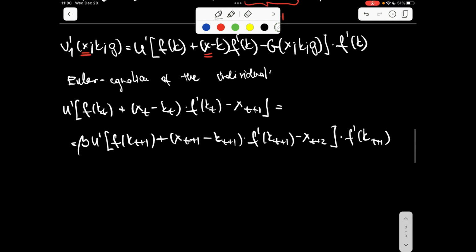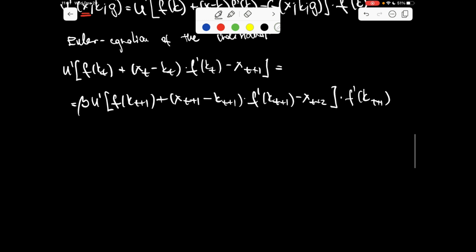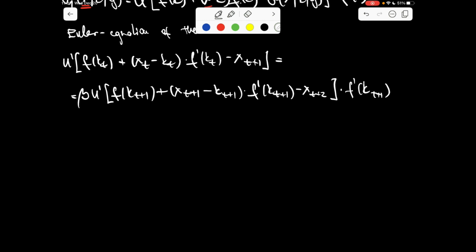So we have solved the individual's problems. We have an Euler equation on the basis of a surmised aggregate rule, and in equilibrium, where the individual's capital stock is the same as the capital stock of all other agents in the economy, so in market clearing, it turns out that the agent follows the aggregate level rule.